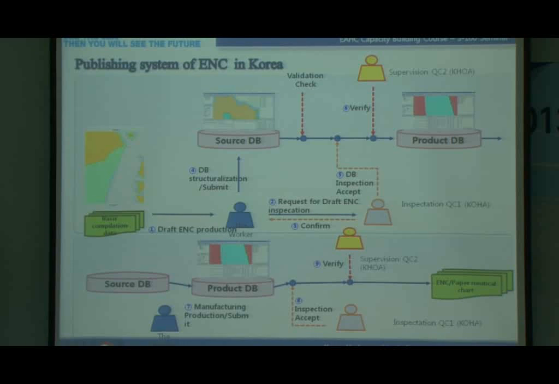So this first slide can become the basis for other discussion during the week when we're talking about different types of products, not just ENCs, but in the future bathymetric, time-varying data, and other types of supplements.